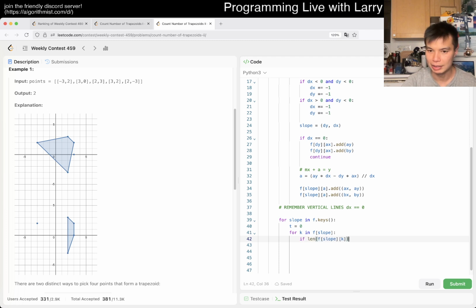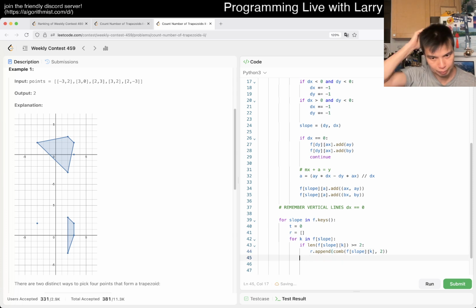So if length of this is greater than or equal to 2, then we, all right, so then now maybe we have an array r dot append combination of, maybe only need 2 of them.